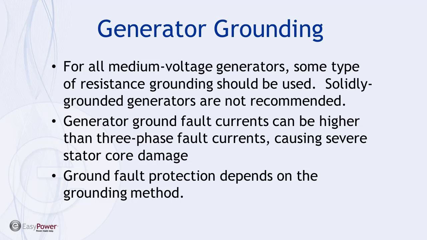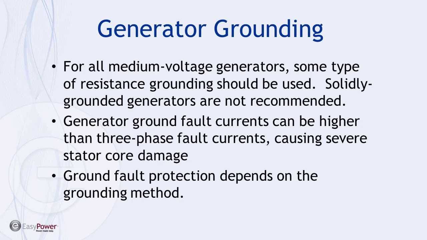Solidly grounded generators are typically not recommended if you can avoid it. Some situations may be necessary to provide a ground source, but normally you're going to want to avoid solidly grounding the generator. The reason is that ground faults are going to be the most common fault, and so you can limit the damage by reducing the ground fault current.